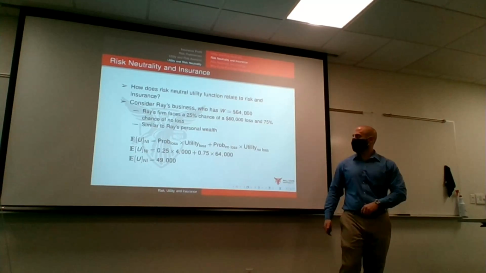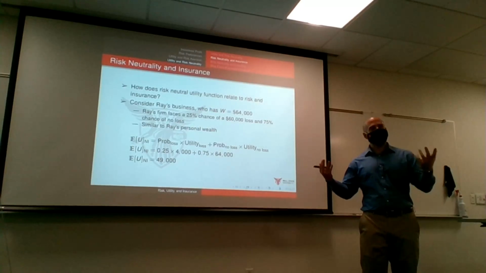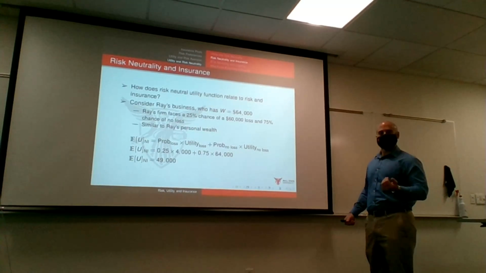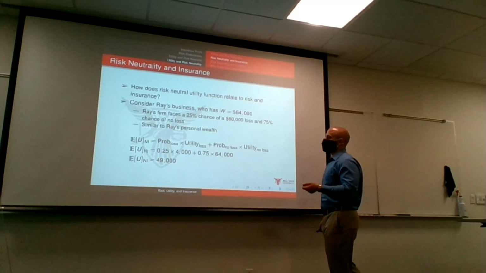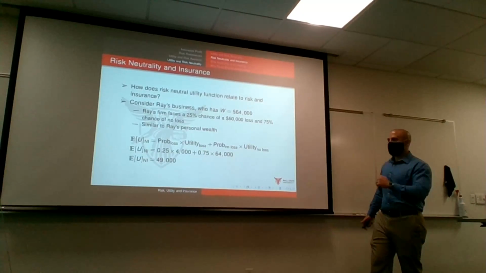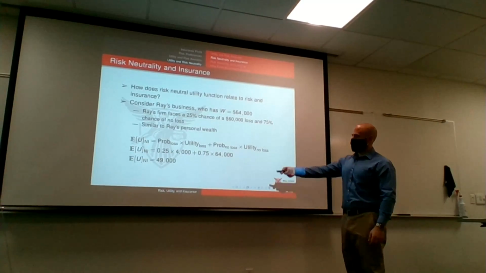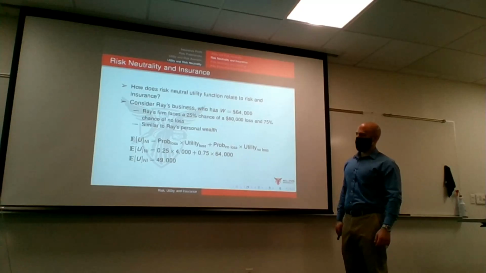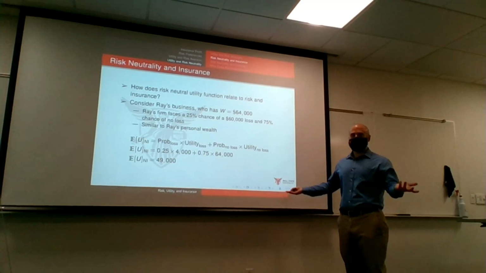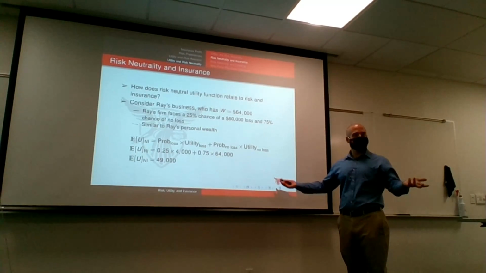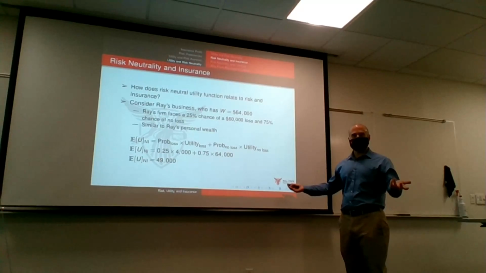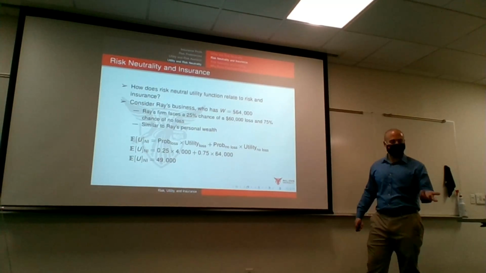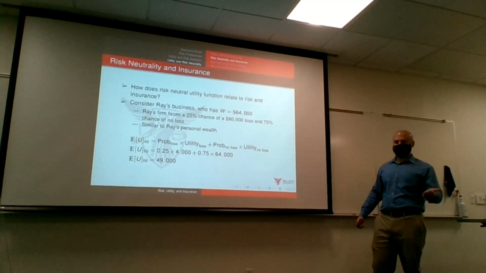So again, this is similar, it's a multiple. Let's do the same thing. Where is his firm now as far as utility? Do a weighted average, $49,000. Here his utility is the same as expected value. It's a one-to-one mapping. He expects to have $49,000 at the end of the period, always. Well, not always, on average, excuse me.